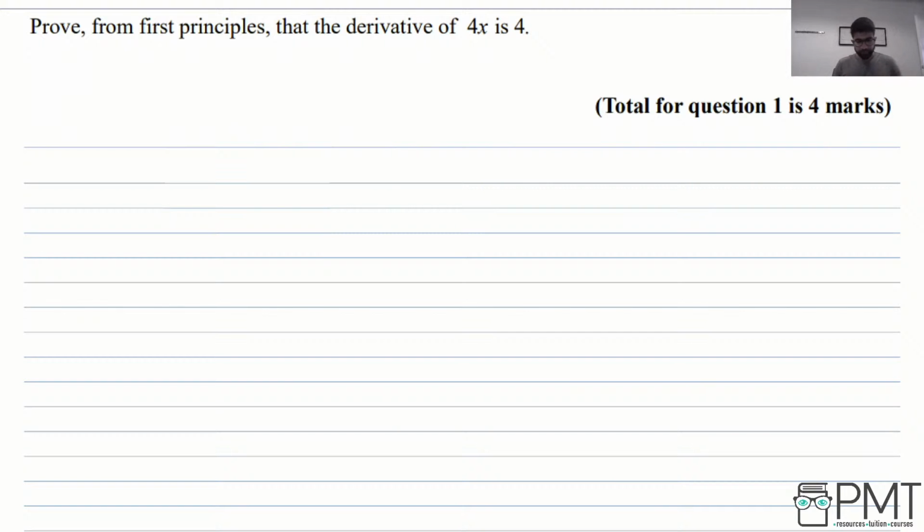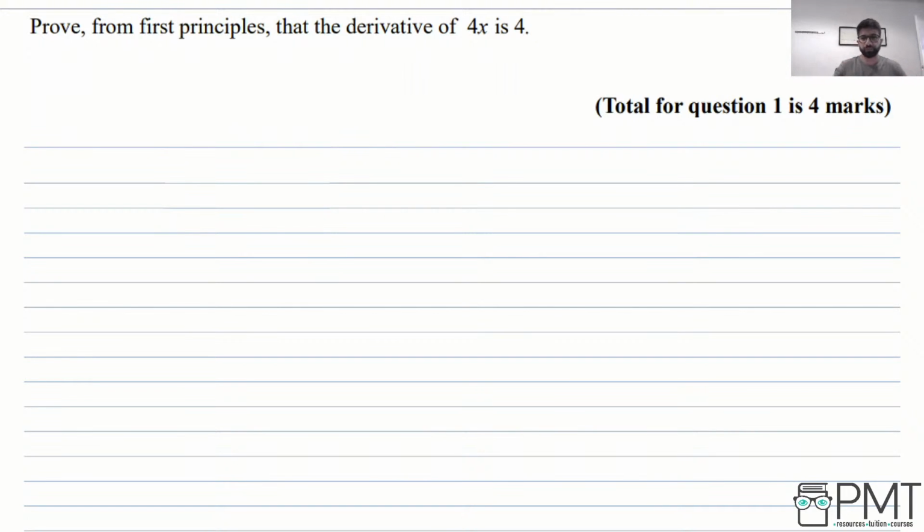So here the question says prove from first principles that the derivative of 4x is 4. If the question was differentiate 4x, you would just be able to write down 4. I'm sure if you have done differentiation, this is one of the first types that you would have done. You know that 4x differentiates to 4.